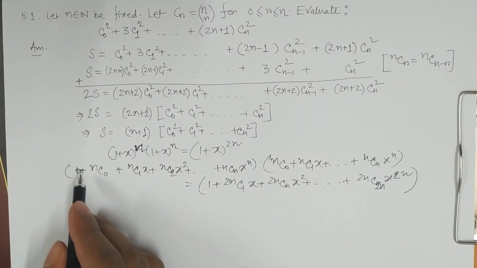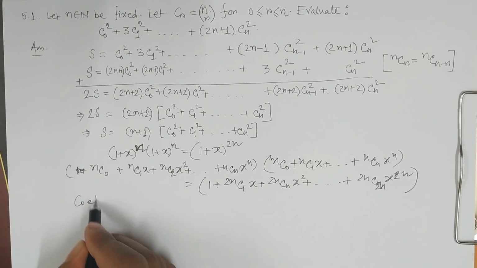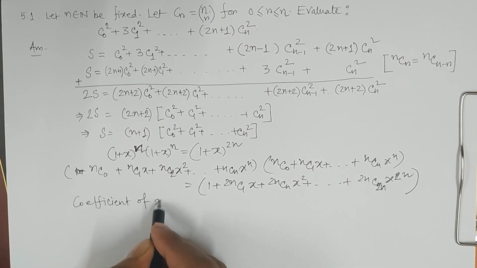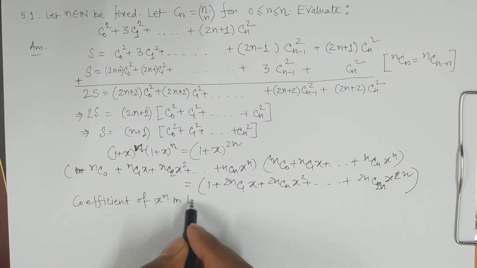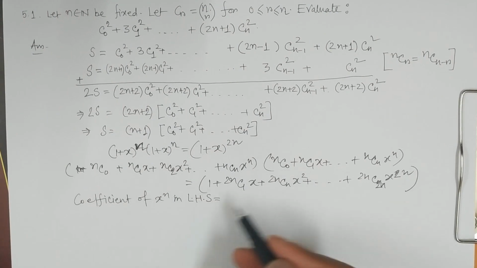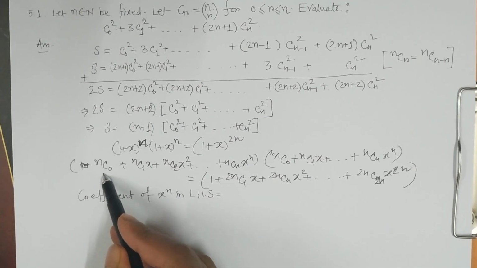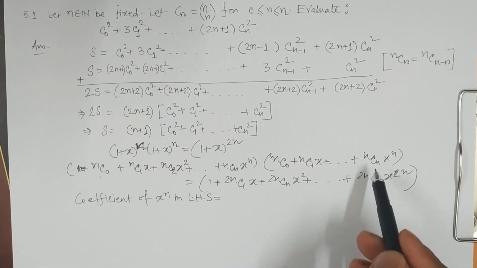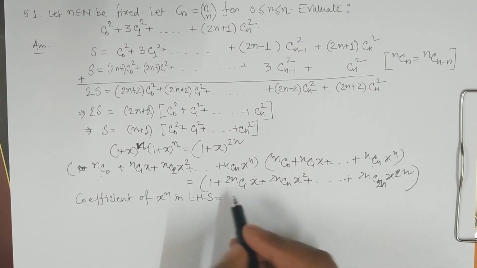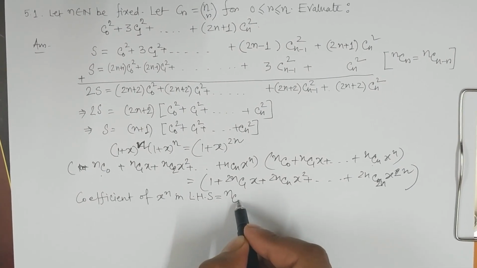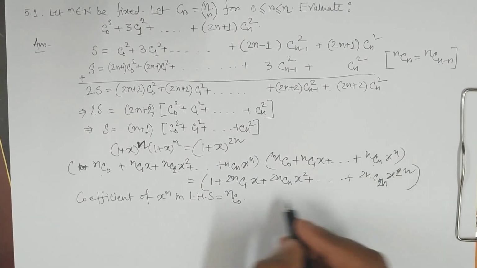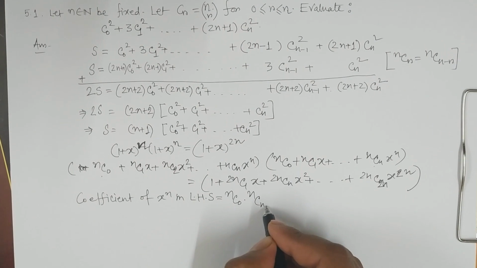Now look at the coefficient of x to the power n in the left hand side. How do you get x to the power n in the product? Here it is 1, and so you need to look at the coefficient of x to the power n minus 1 in this product.